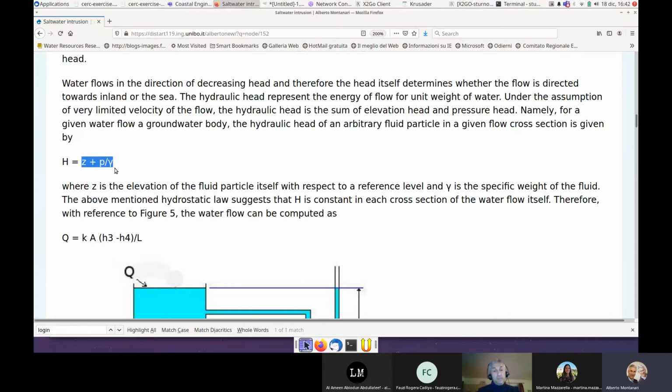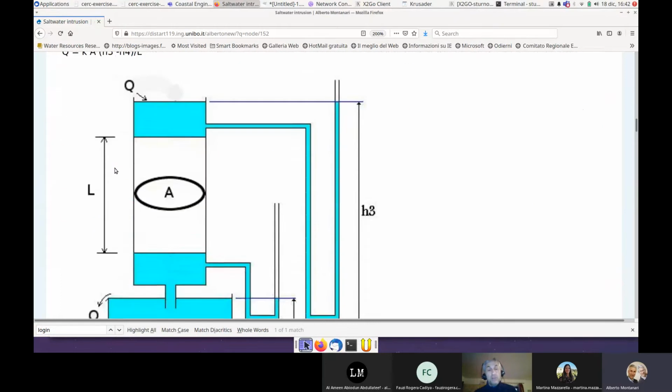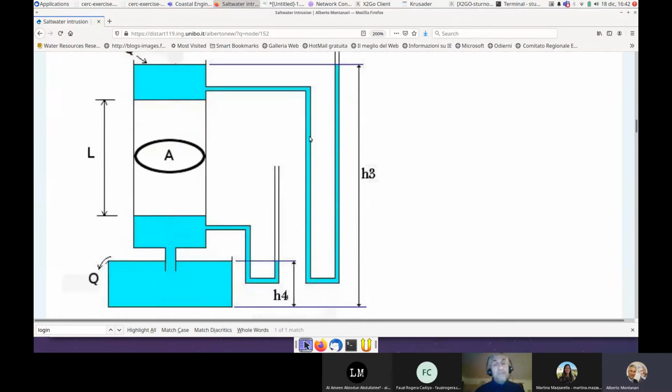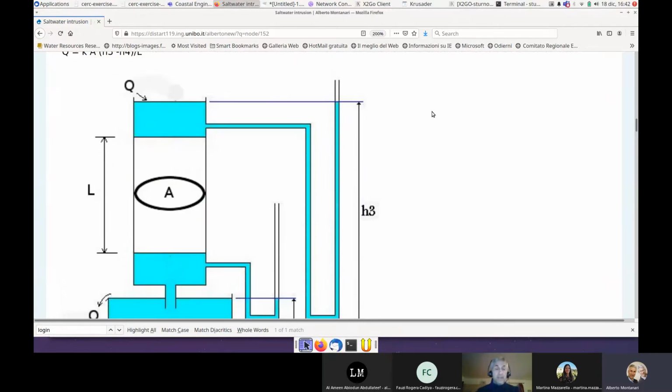Now, let's make an example of application of Darcy's law, so we understand. Let's emulate the water flow through a medium. The medium here is given by the white rectangle.